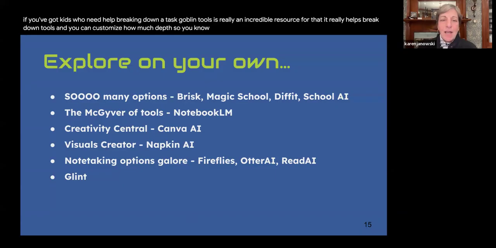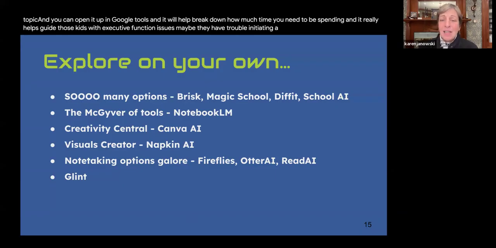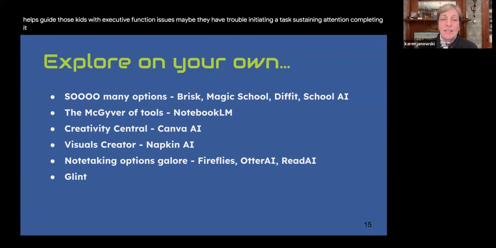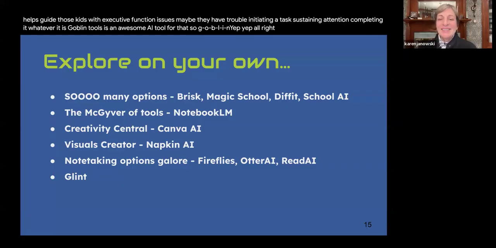Maybe you're assigning an essay on a particular topic, and it will help break down how much time you need to be spending. It really helps guide those kids with executive function issues. Maybe they have trouble initiating a task, sustaining attention, completing it, whatever it is. Goblin Tools is an awesome AI tool for that. So Goblin. Yep. All right, add it to our list.